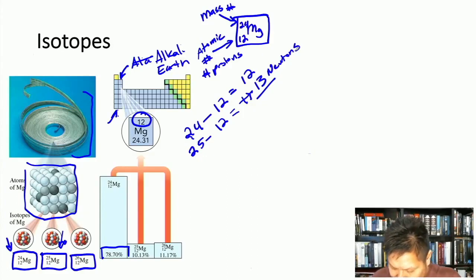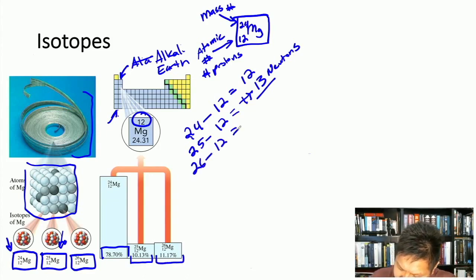And of all the magnesium atoms in the present, 10% or so is magnesium 25 with 13 neutrons, as compared to magnesium 24, which has 12, right? And then the last isotope of magnesium is magnesium 26. 26 minus 12 equals 14 neutrons.